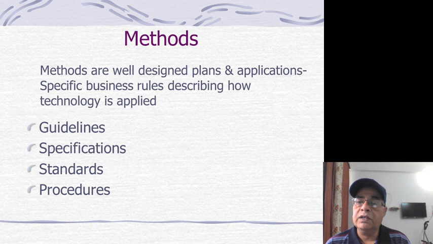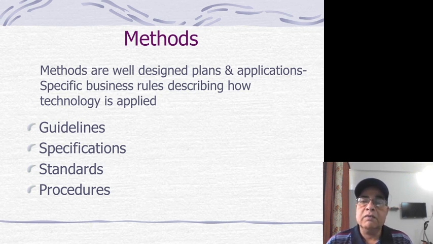Whatever derivative maps we prepare using the data available to us, if we have not adhered to the guidelines given by the sponsoring agency or required by the user agency, we will not be able to really use it. As for specification, how much accuracy we require, what error we can accept, and what the different standards are that we have to meet. These are all things we have to keep in mind when we are talking about the methods.